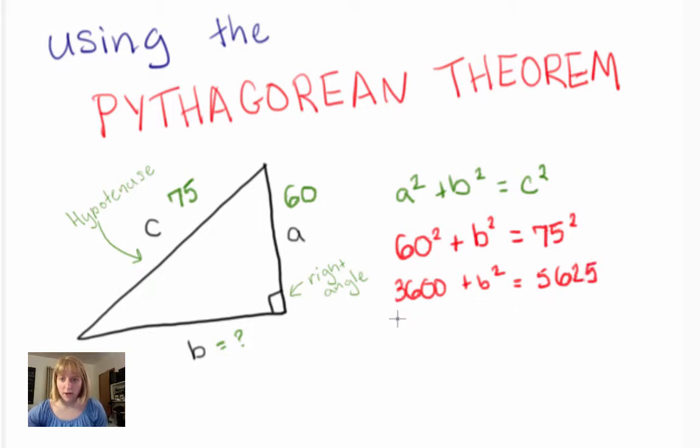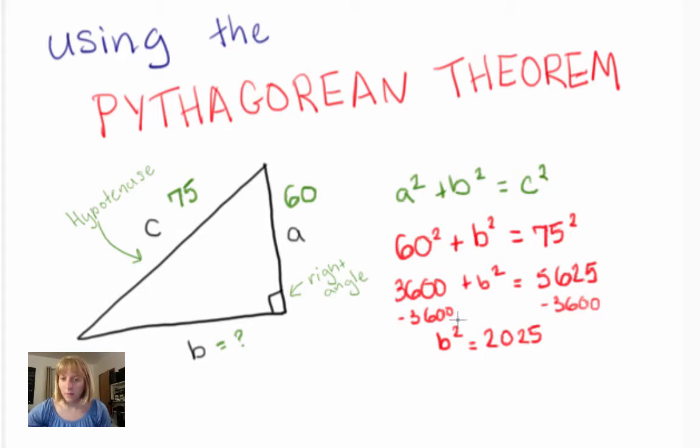Now we need to subtract 3,600 from both sides, and we end up with B squared equals 2,025. Something we might not have talked about yet is, what do you do if you have b squared and you just want regular old b?